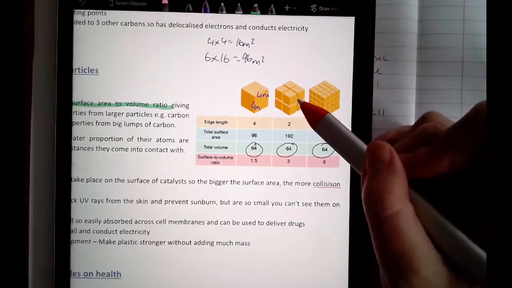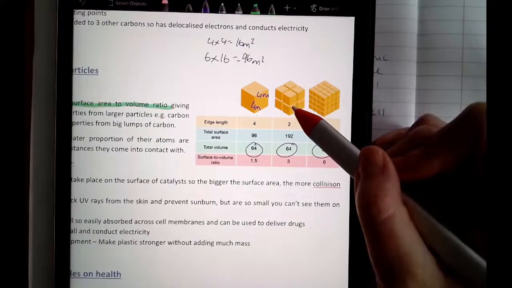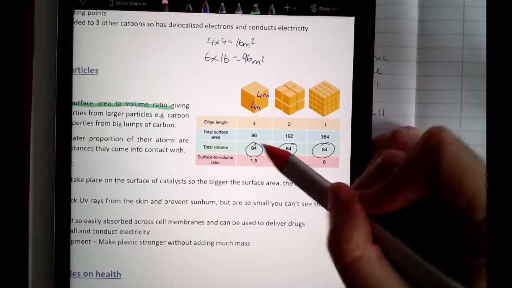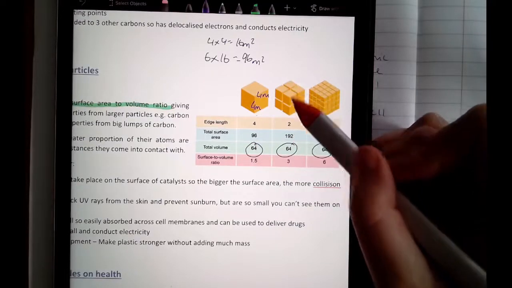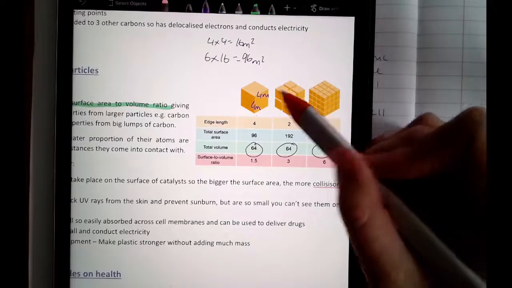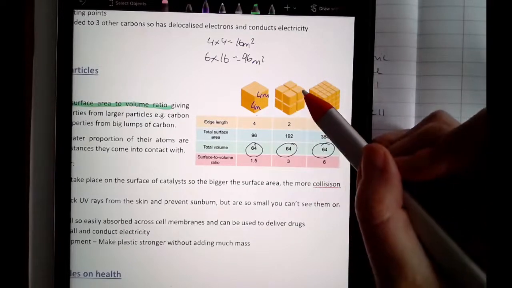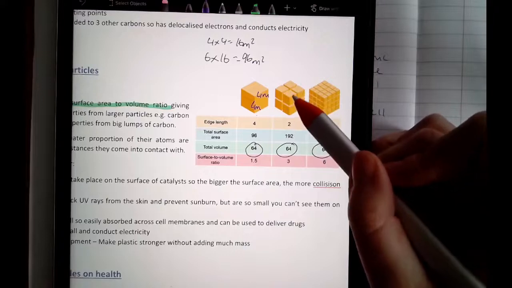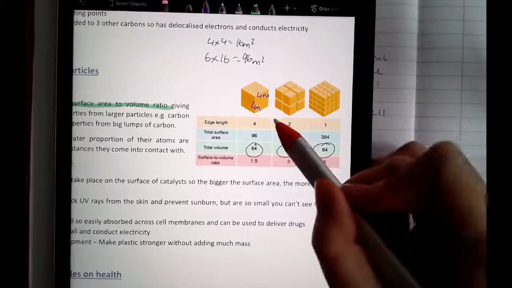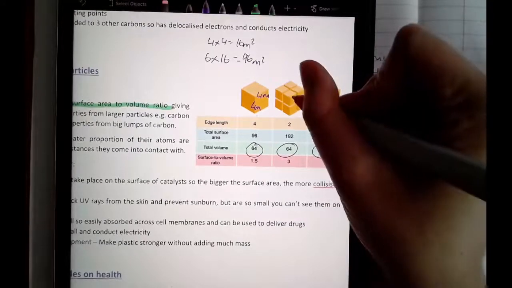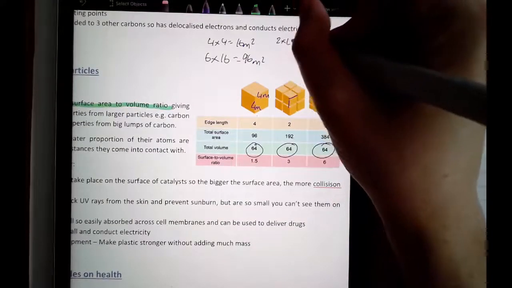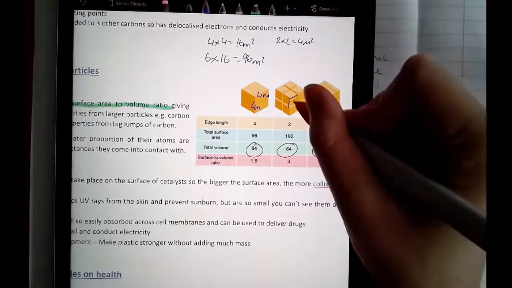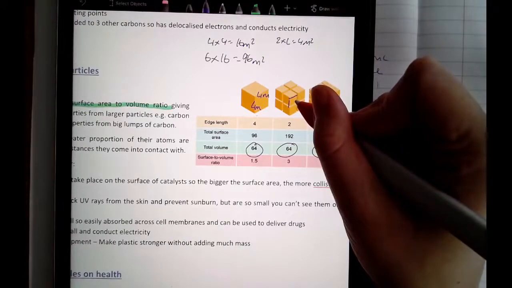And then if I take the next cube, directly next to it, you can see it's the same size, the total volume is the same, but the surface area for this one is a lot bigger, and that's because they've cut them up into smaller pieces. So instead of having just one cube, we've now got 1, 2, 3, 4, 5, 6, 7, 8 smaller cubes. It says here that the edge length is only 2, so 2 times 2 gives me the area of the face, 4 meters squared.